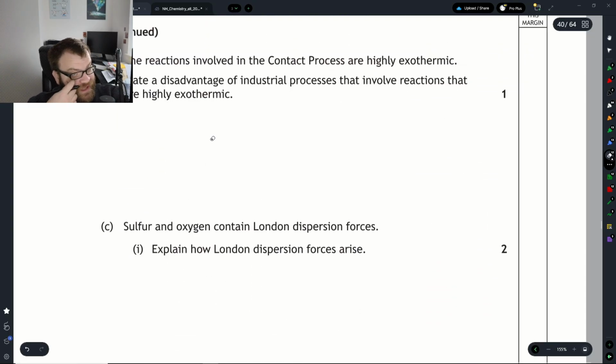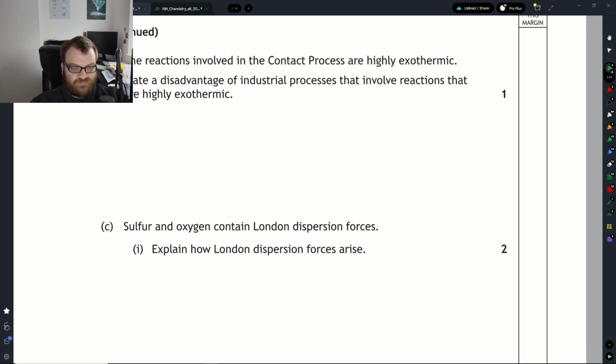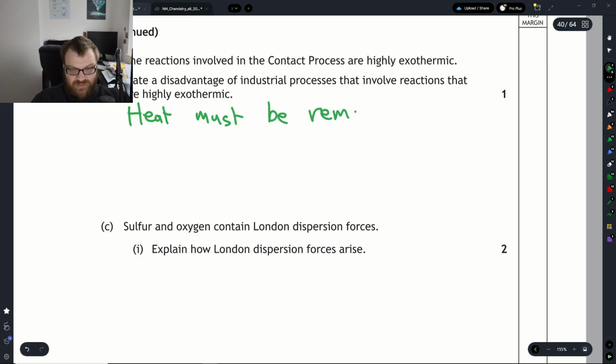This one we're talking about exothermic. Exothermic releases heat. We want to make sure that our reaction works as best as possible. You need to have heat moved when temperature rises.